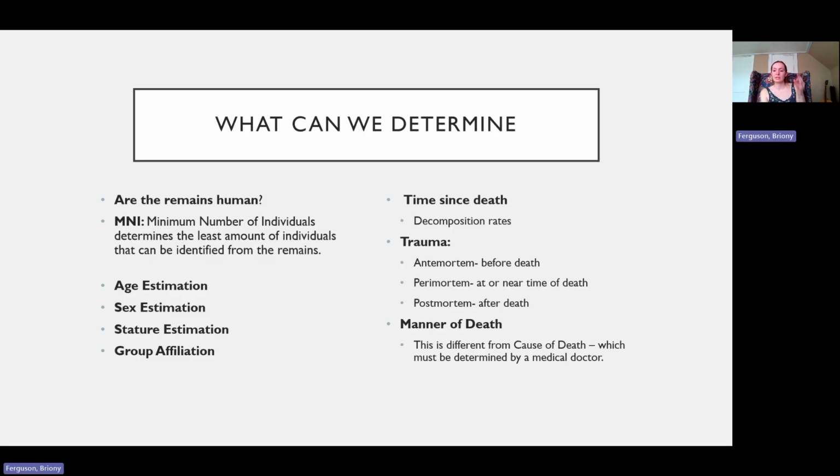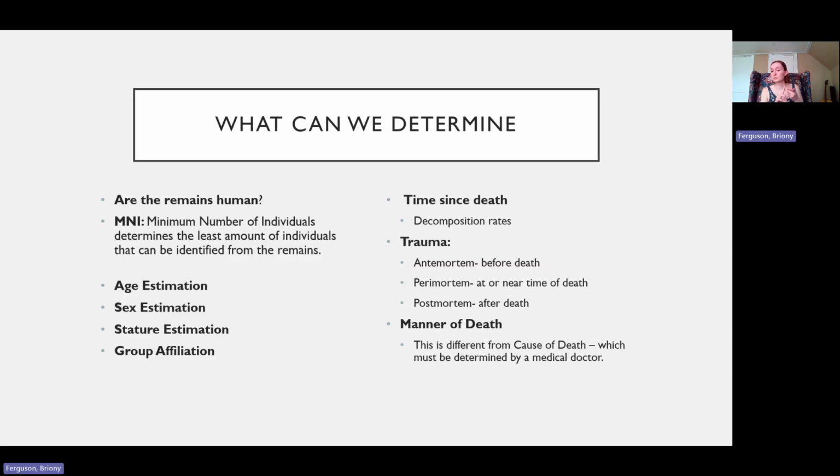Then we are going to do sex estimation. Keep in mind, sex estimation is talking about biological sex. It is not based off of any kind of phenotype that you can outwardly see. It is purely based off of biological reproductive strategies. Now, what I mean by this is that it is based on your actual internal gametes.